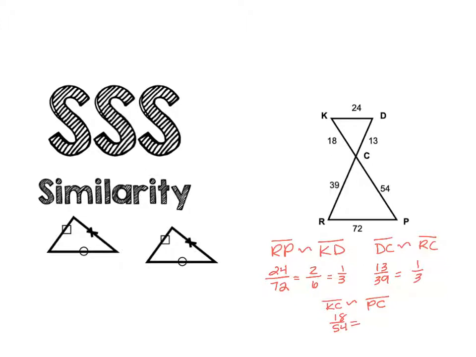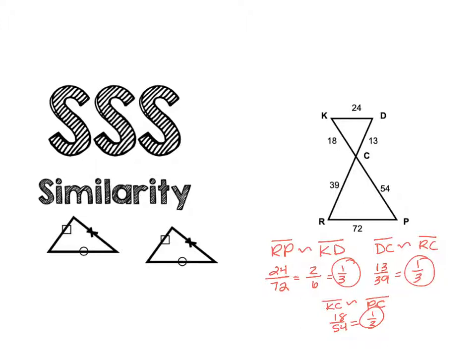I could divide that by 18 and get 1/3. So here they all simplify down to 1/3. So I know that it's proportional, and every set of corresponding sides is proportional by the same rate. So that's going to be side similarity.